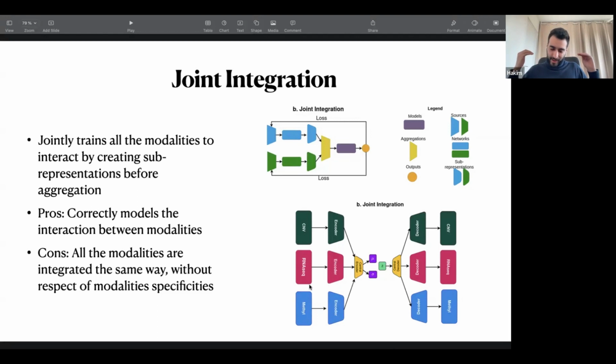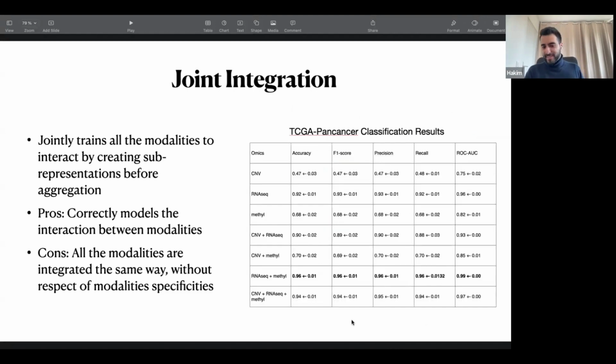When trained on the same network, when we reach convergence of RNA-seq, we kind of reach convergence of the whole network, which makes those kinds of results where when we add copy number variation, we're just adding noise, and the performance worsens.